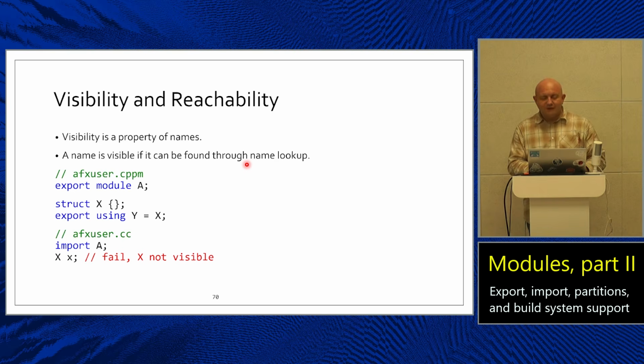So, if we have a module A that defines a struct X but doesn't export it, and then we import that module and try to declare a variable of type X, the compiler says no such name. That's perfectly correct. X exists, but it's not visible to name lookup. It has module linkage, and names with module linkage are not visible to code outside of the module's purview.